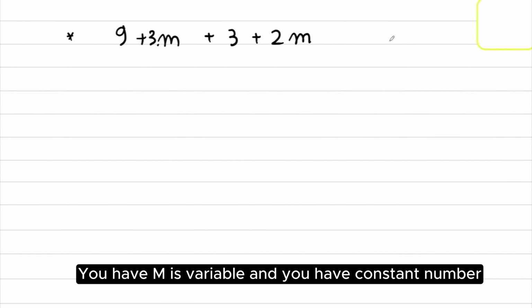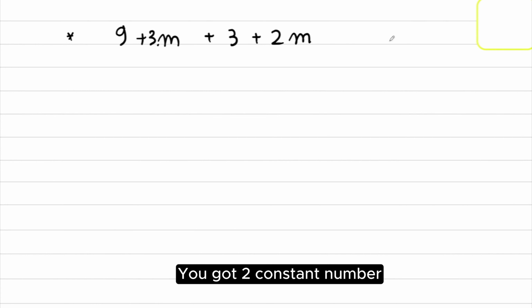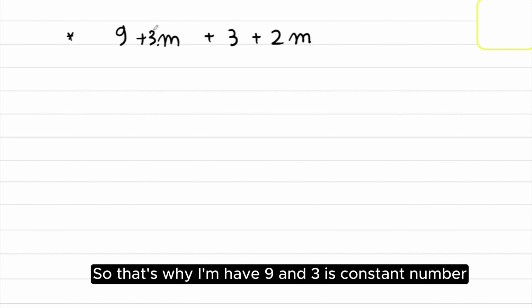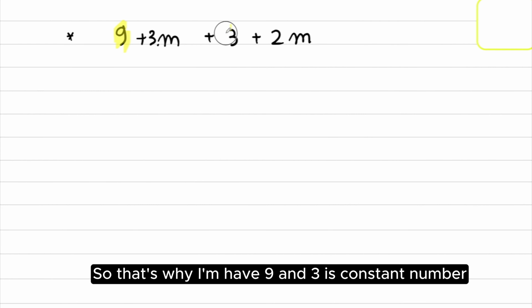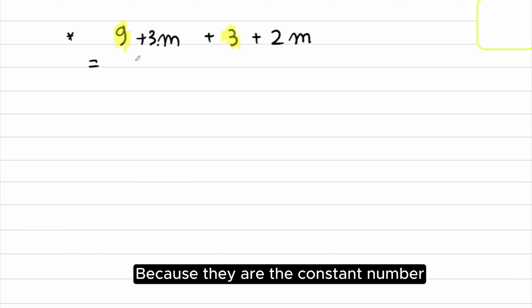You have m as the variable and you have constant numbers. You have 2 constant numbers. A constant number means you have only a number with no variable. So that's why 9 and 3 are constant numbers. Because they are constant numbers, I can put them together like this.